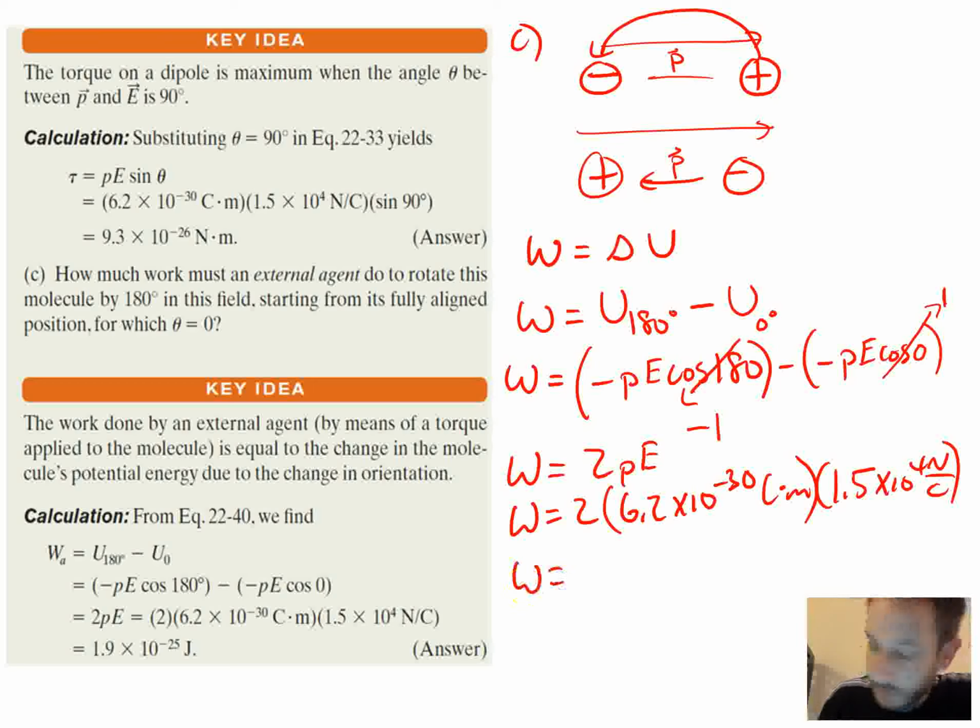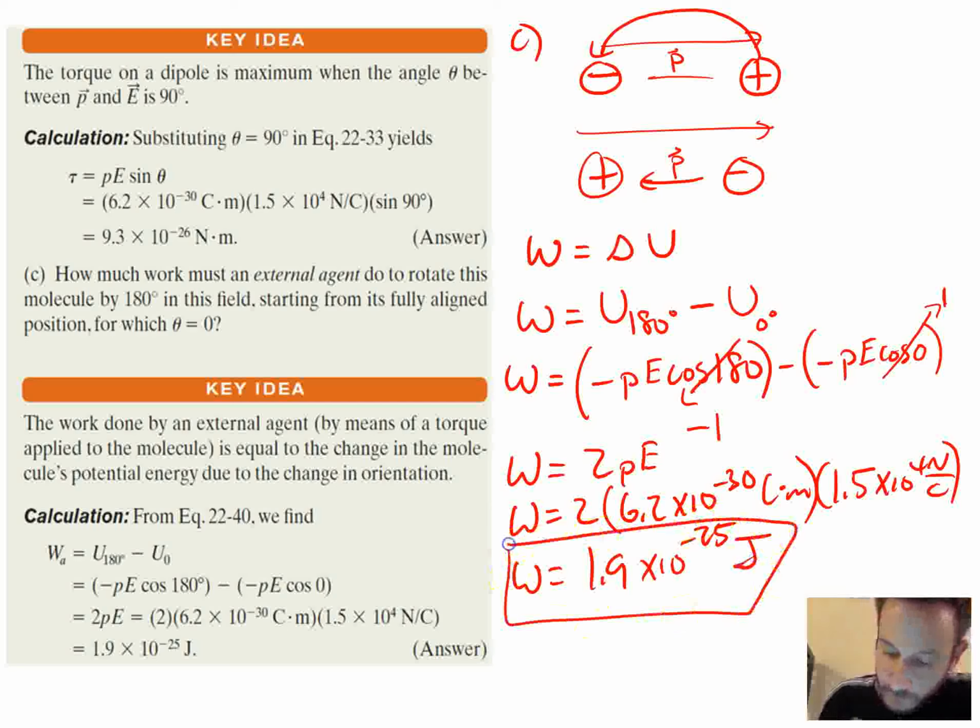And plugging it into our calculator, we get 1.9 times 10 to the negative 25 joules. Okay, that's it for this chapter on electric fields.